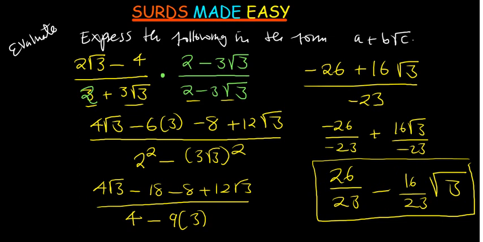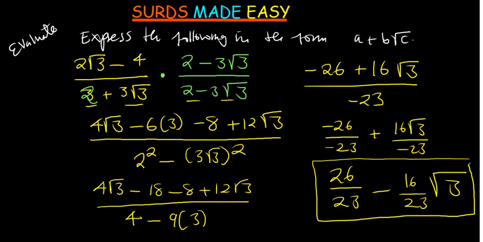Any questions? On the question, it's A plus B square root of C. Yes. Now, there is a negative, but in the question there is a positive. So that means that this b is negative 16 over 23. So if there was already a negative in the question here, that means b would have become positive 16 over 23.